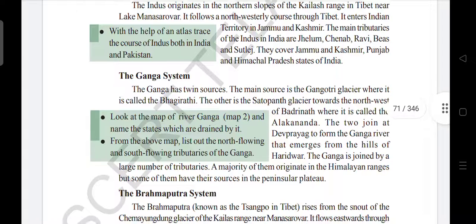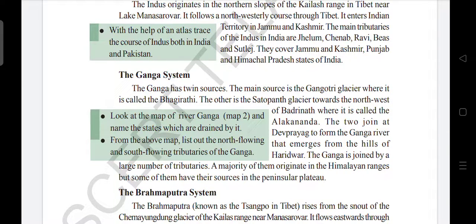The Ganga system. The Ganga has twin sources. The main source is the Gangotri Glacier, where it is called the Bhagirathi. The other is the Satopanth Glacier towards the northwest of Badrinath, where it is called the Alaknanda.